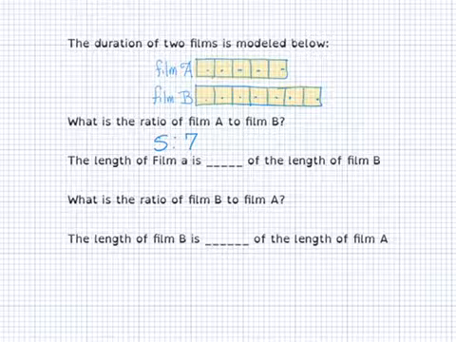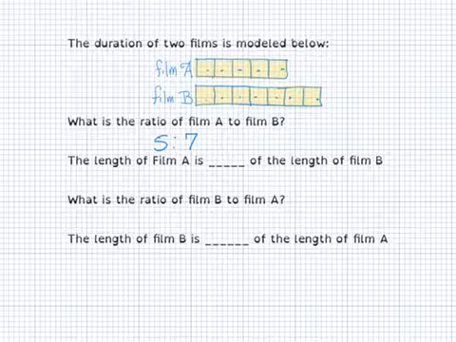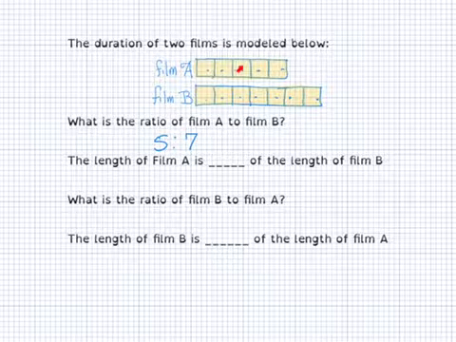Now, the question is, the length of film A is blank the length of film B. So what I'm looking for is, what fraction is A of B? Well, I can tell that I've got 1, 2, 3, 4, 5.